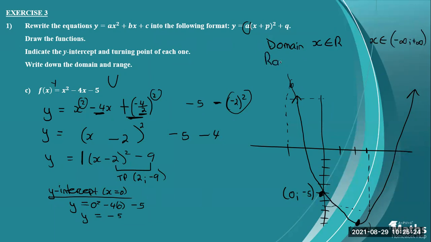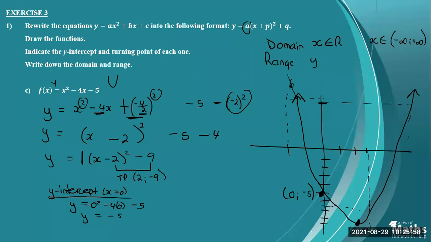The range refers to the y values. Just in case you don't know all my methods, to remember it, D comes before R and X comes before Y in your alphabet. Can I say y is an element of real numbers? Will all the y values be applicable? No. If I have a y value here or up to positive infinity, see these arrows, we will be able to find the x value.